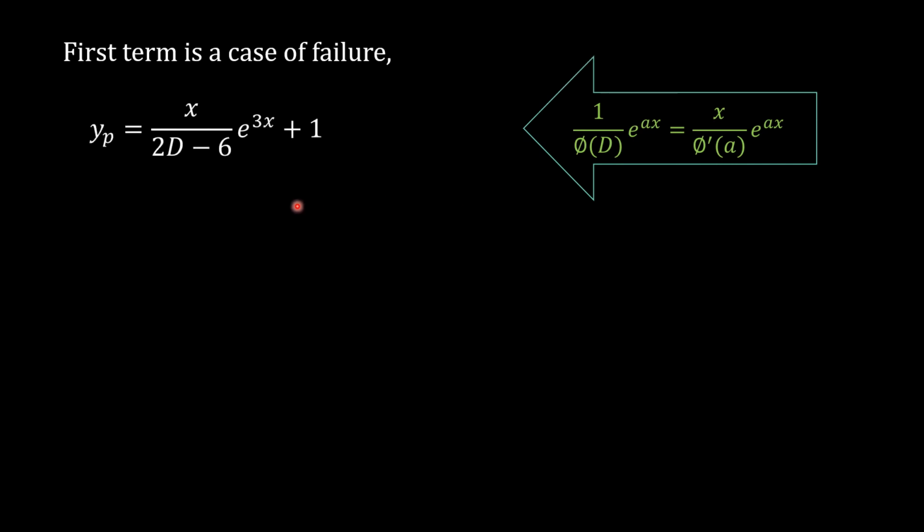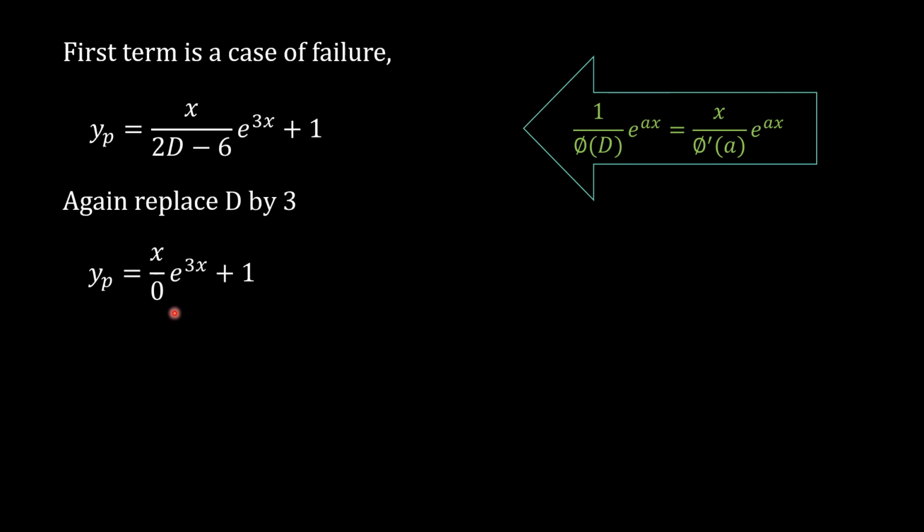Using which we will get yp = x divided by 2D - 6, since 2D - 6 is the derivative of D^2 - 6D + 9, so x/(2D - 6) e^(3x) + 9/9, which is 1. So using this formula we rewrote the first term like this. That will give us the particular integral further. So again, as it is an exponential function, again replace this D by 3 and see what we will be getting.